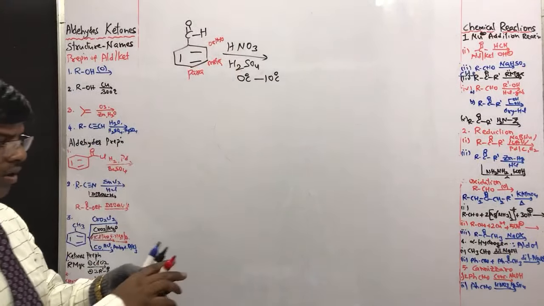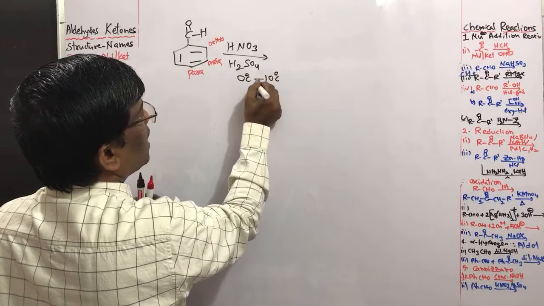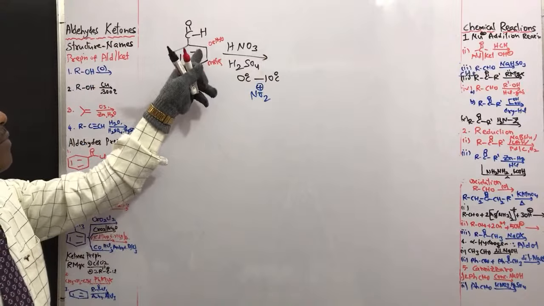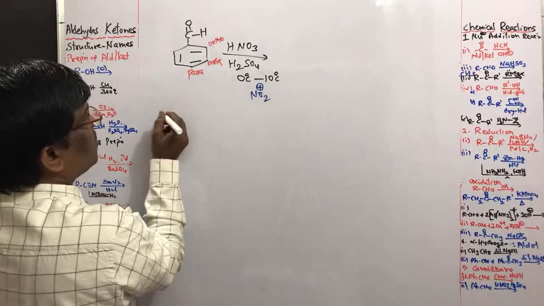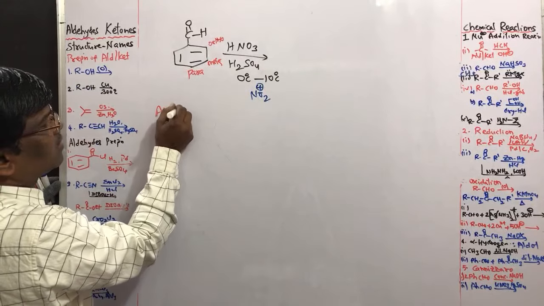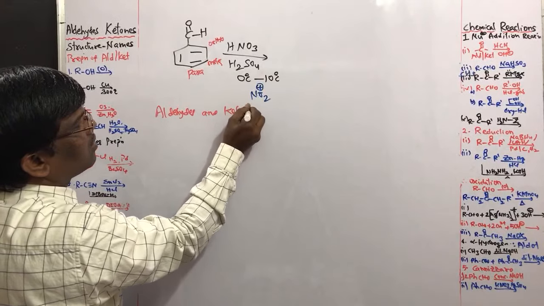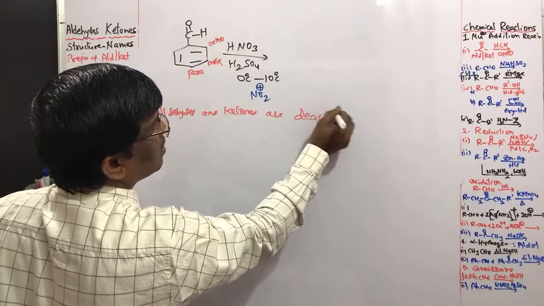The incoming electrophile is NO2 plus, and electrophilic substitution takes place on the benzene ring. Aldehydes and ketones, write down students, are deactivating groups.